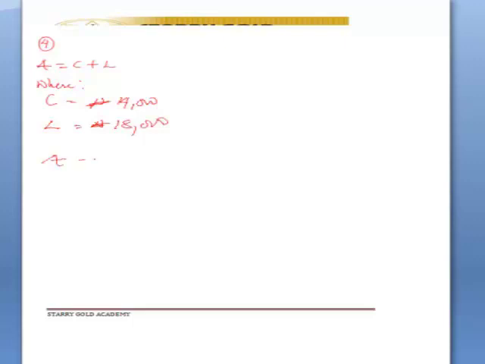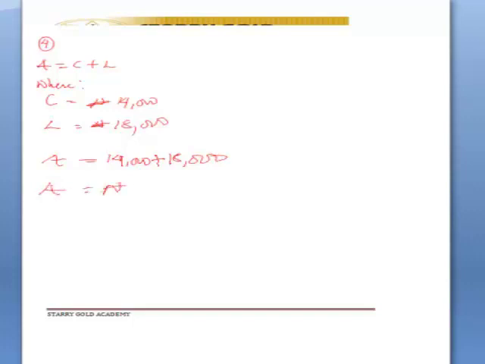Therefore A is equal to C plus L, that is 14,000 plus 18,000.